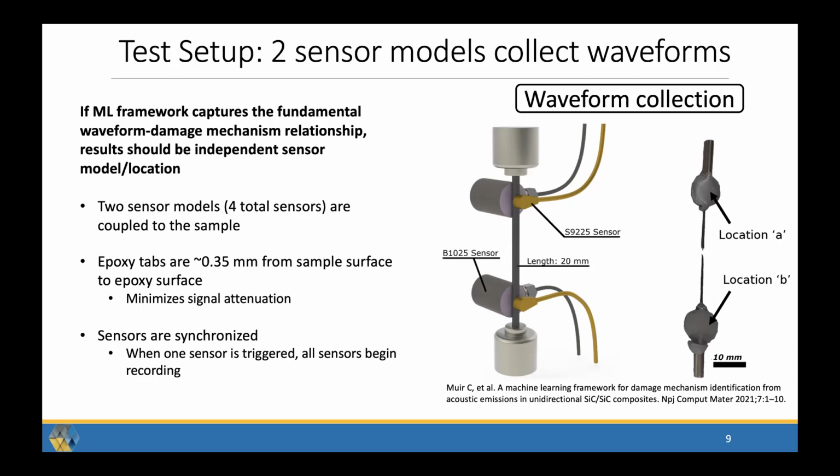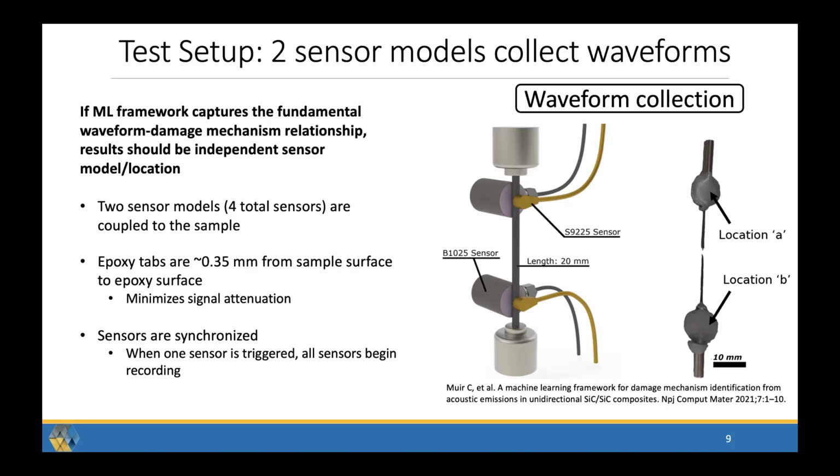So we additively manufactured molds for these epoxy tabs that kept things really thin between the specimen and the sensor. And then we tried to impedance match as much as we could with the epoxy choice we had, so that basically we had something really thin that the signal could just rip through with no problem and go directly into the sensor. We were trying to keep its path as short and as nice as possible.